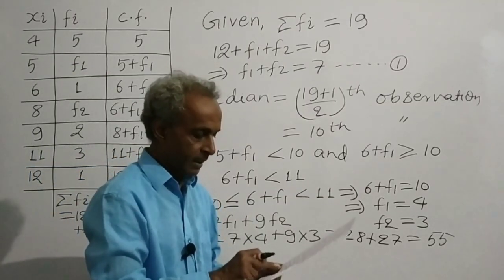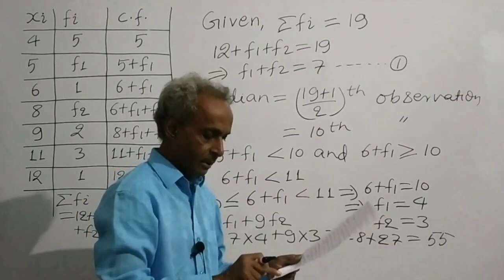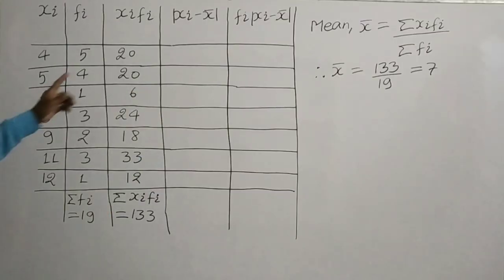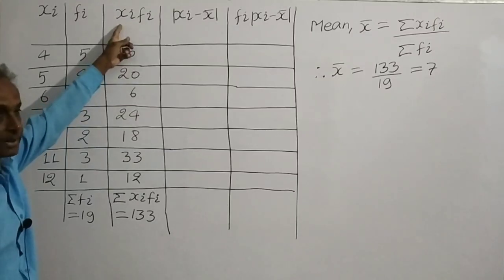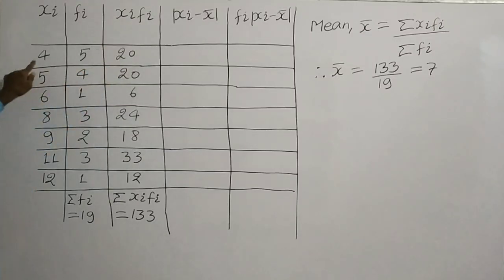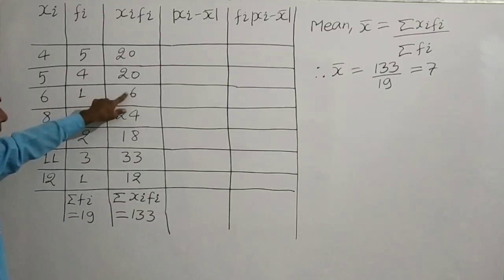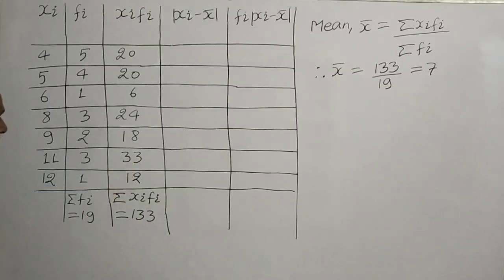In this column we write xi times fi, meaning 4 times 5 is equal to 20, 5 times 4 is equal to 20, 6 times 1 is equal to 6, and in this way up to here.